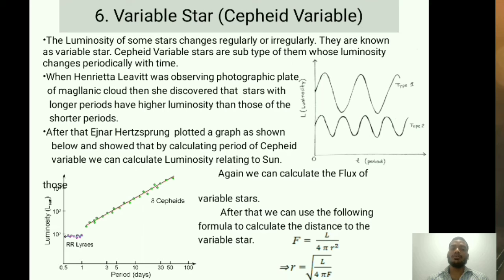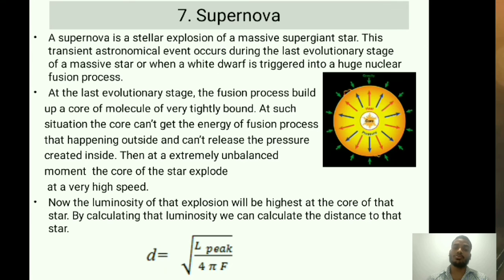Now the next technique I have used here is supernova, and a supernova is a stellar explosion of a massive supergiant star. Generally, this type of situation arises at the last evolutionary stage of a star. At that stage, the fusion process builds up a core of metals like Fe, Ni, Co, Cu, etc., and they are very tightly bound. At that time, the core cannot exert the pressure needed to balance the gravitational pressure or the fusion energy created outside the core.